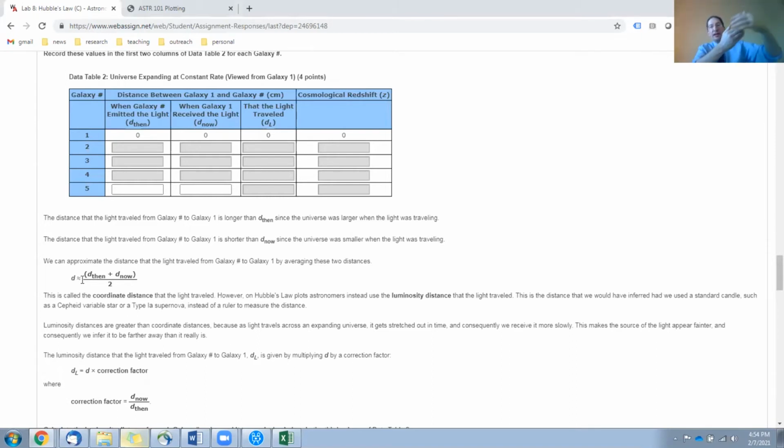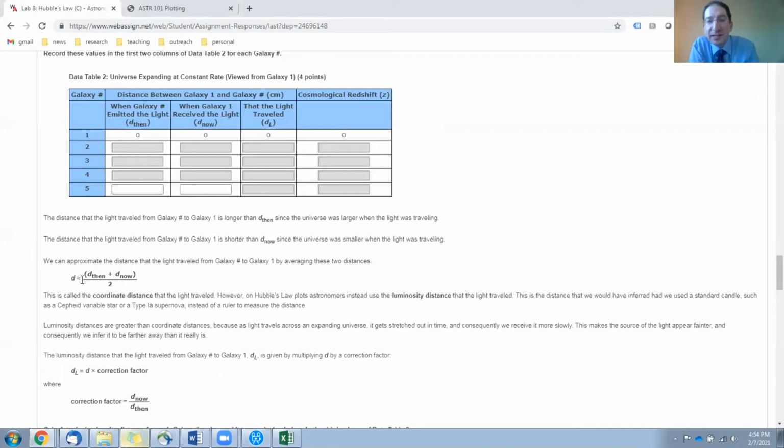Think of a train of light coming to us through space. But as it's coming to us, the universe is expanding, stretching out this train of light. So when we eventually receive it, we receive it at a slower pace. That will make the object appear somewhat fainter, and consequently, we will infer that it's somewhat farther away.